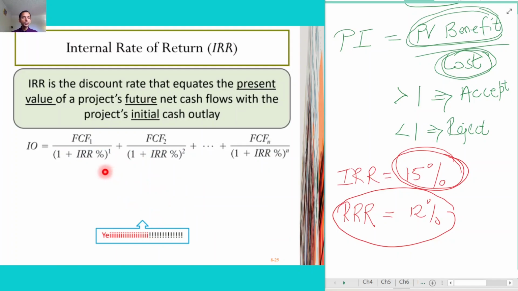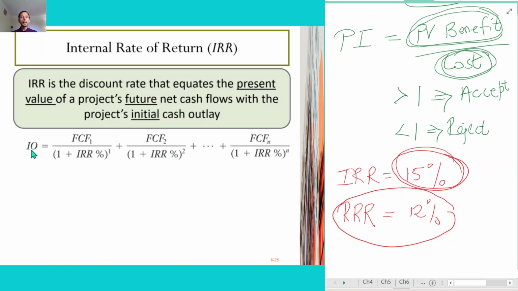So let's continue. IRR is the discount rate that equates the present value of the project's future net cash flows with the project's initial cash outlay. That's what we just said: cost equals benefit.